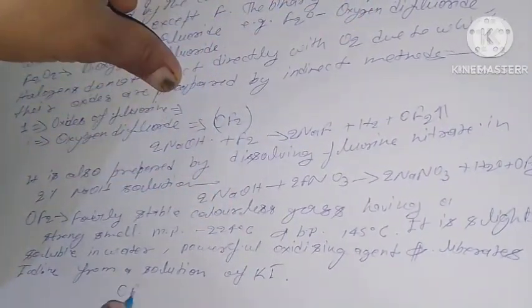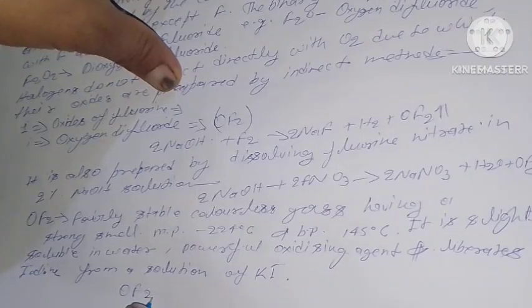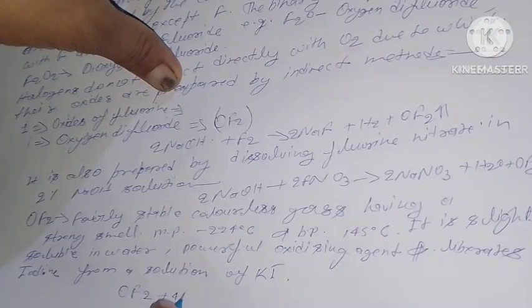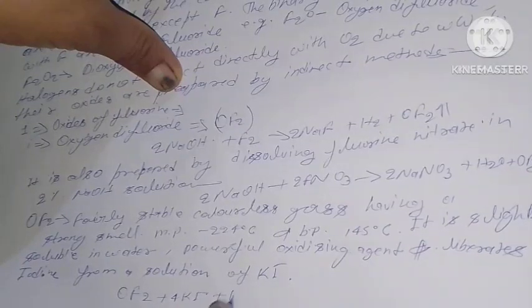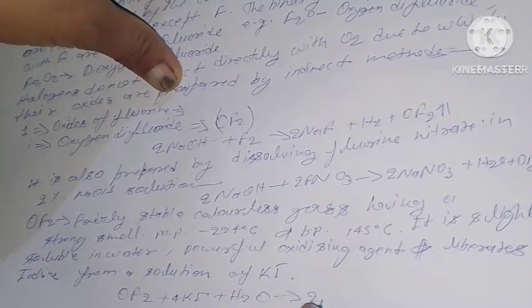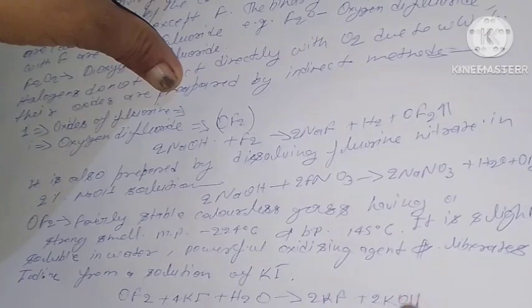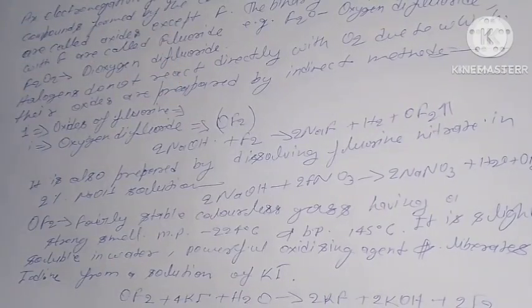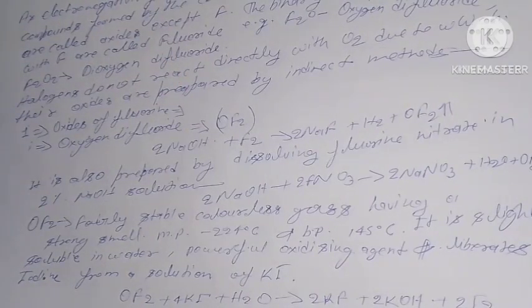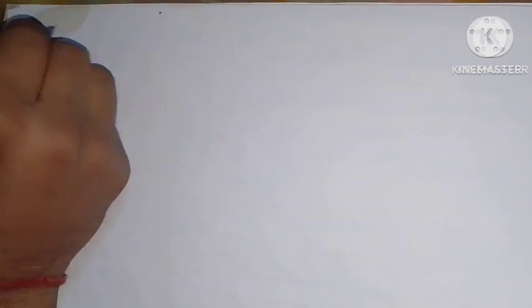Okay, OF2 oxygen difluoride plus 4KI potassium iodide plus water gives 2KF potassium fluoride plus 2KOH potassium hydroxide plus 2I2. Next, dioxygen difluoride.